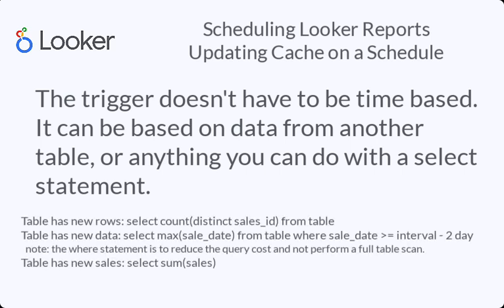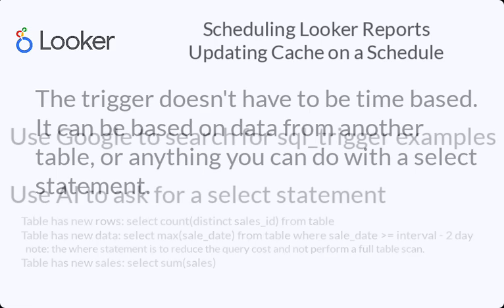It can be the value from another table. It can be there's X amount of rows in another table now, so make the update. Or there's a new date in this other table, so go ahead and do that. There's all kinds of different ways that you can create an SQL statement that you might want to get a value from to trigger your data cache update.